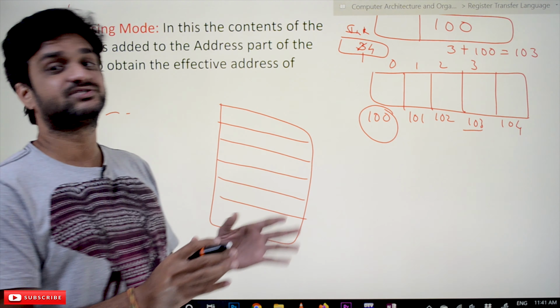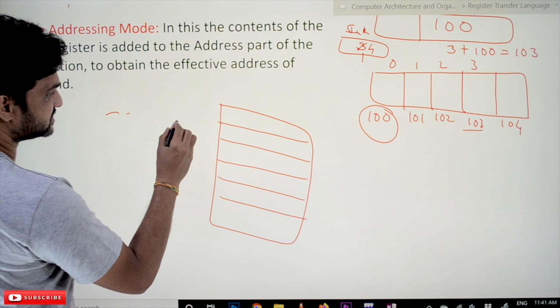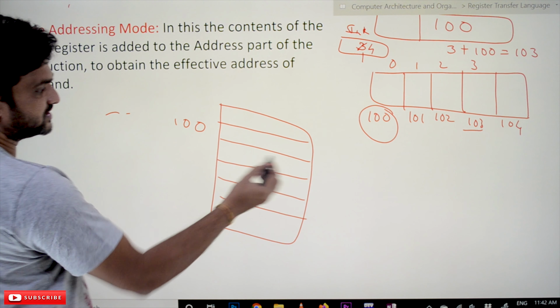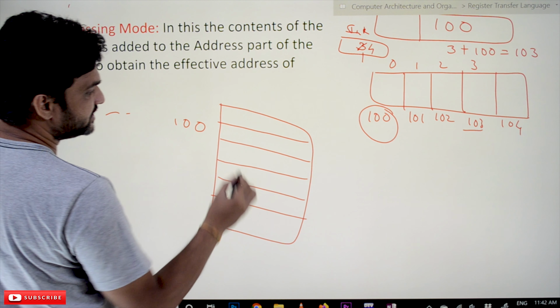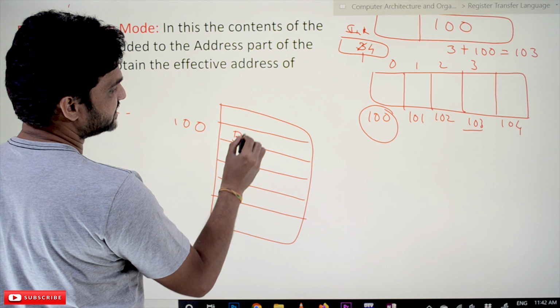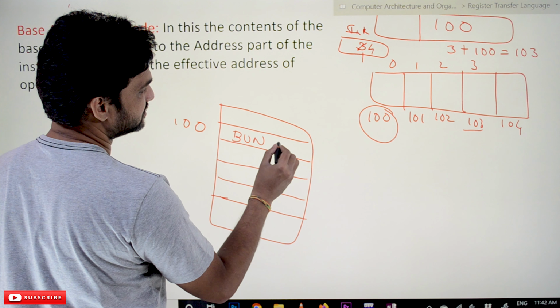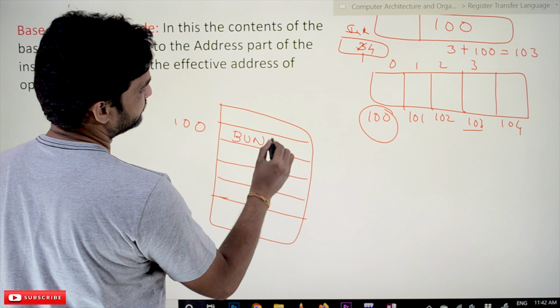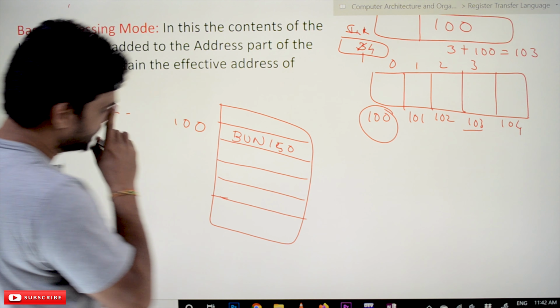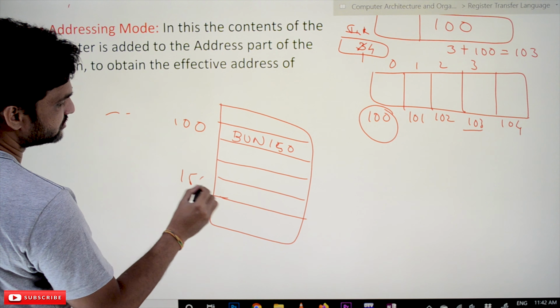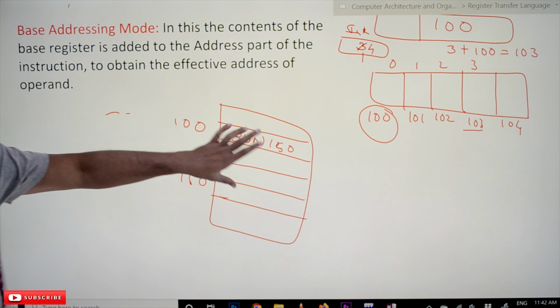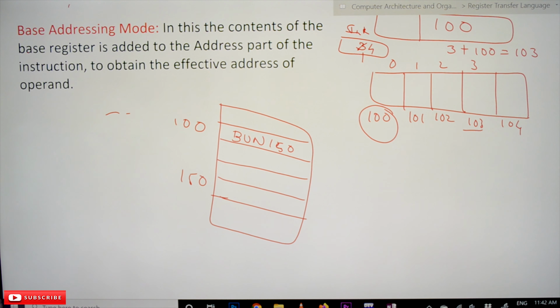In such cases, for example, let's assume that we have a program starting from the 100th location, and here we have a statement called branch unconditional 150. Somewhere here we have the location 150. Now what is the problem with this kind of program organization?